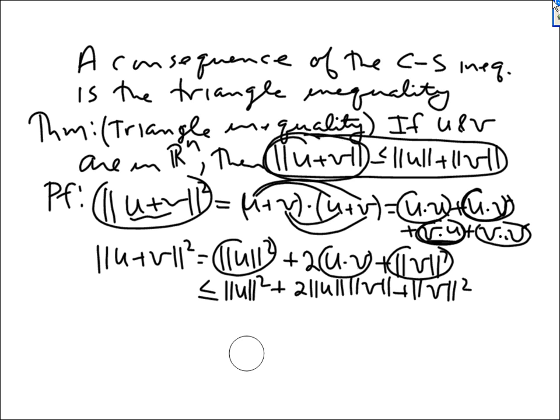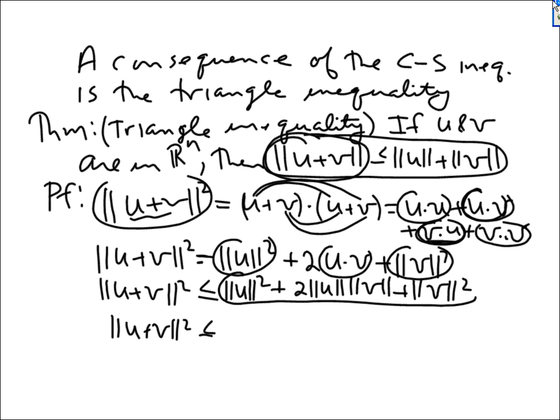The bottom line is a perfect square. I'm just rewriting this: it's less than or equal to the length of u plus the length of v, squared.